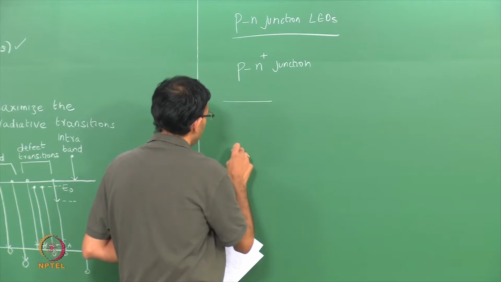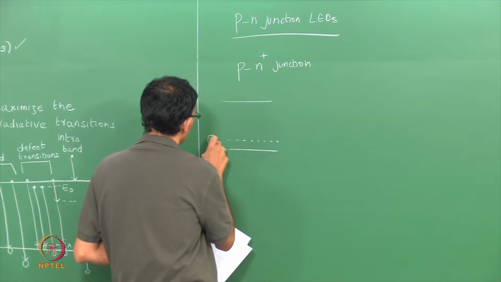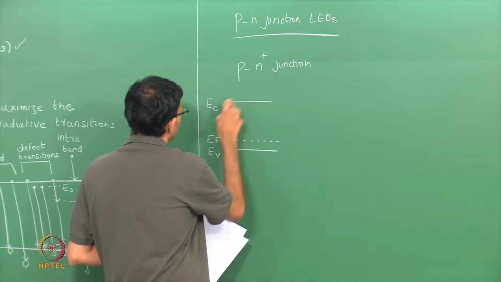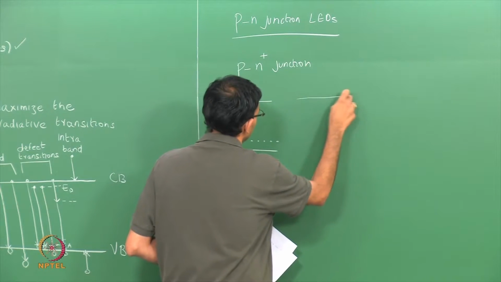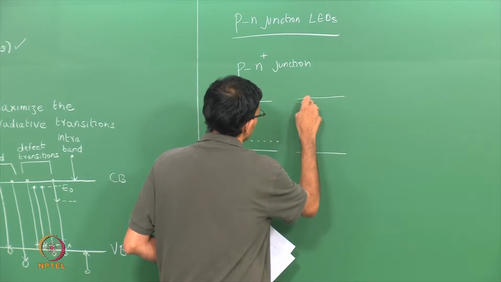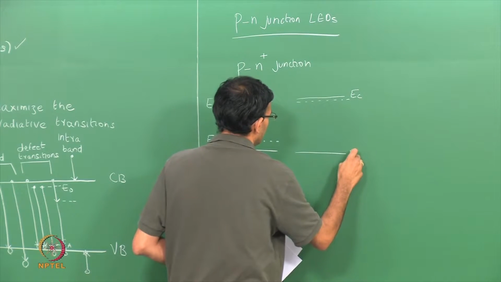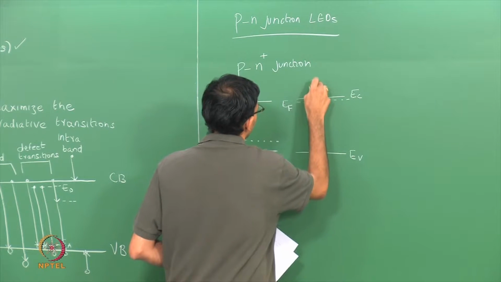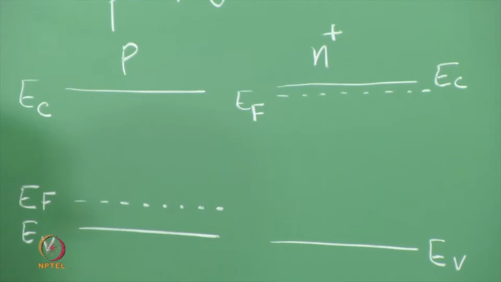So, I have my P side, EF, EV and EC. This is my P side and I have my N plus region. Both my P and the N are the same material. So, the overall band gap is the same.